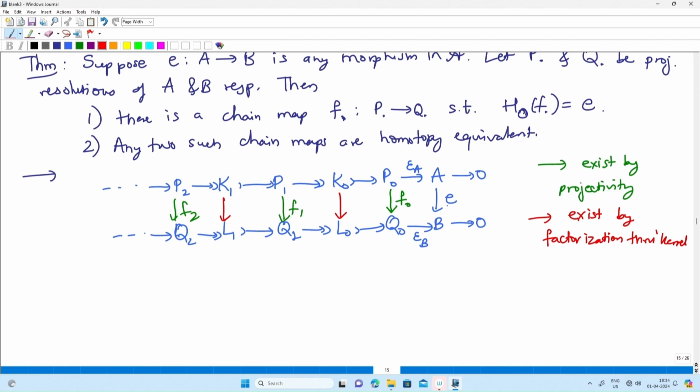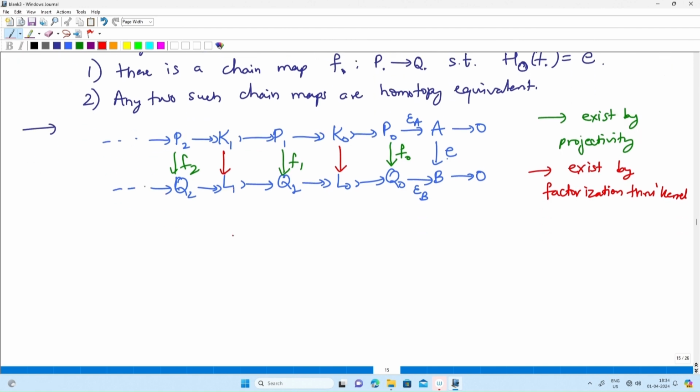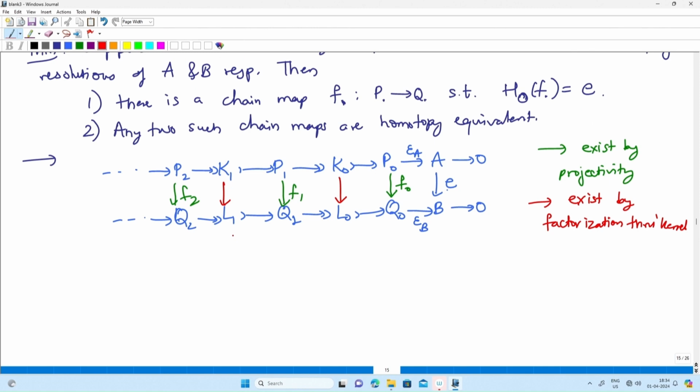These are some of the most beautiful ideas in this area. Yeah, that you can always lift these things. So this is the proof of the first one. I mean, you can check that H0 of F dot is precisely E. That just follows from this. Yeah, the co-kernel is A, the co-kernel at the bottom is B, and therefore you get precisely this.